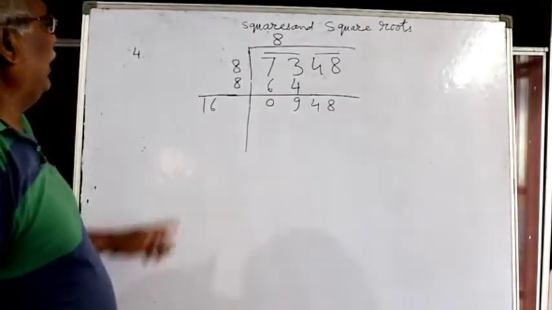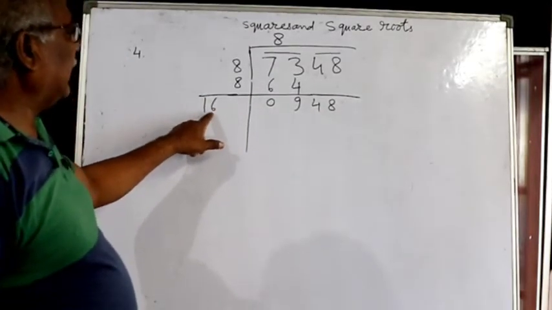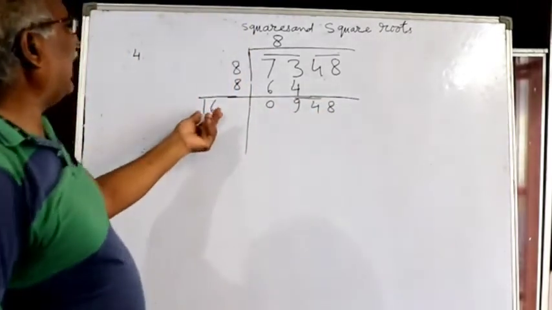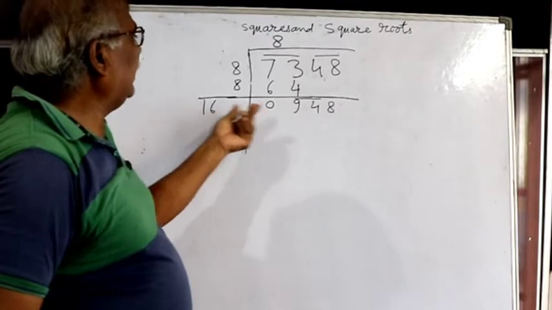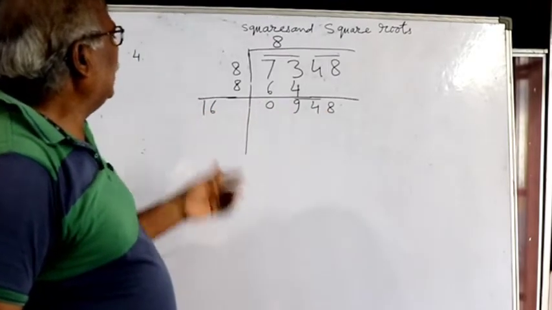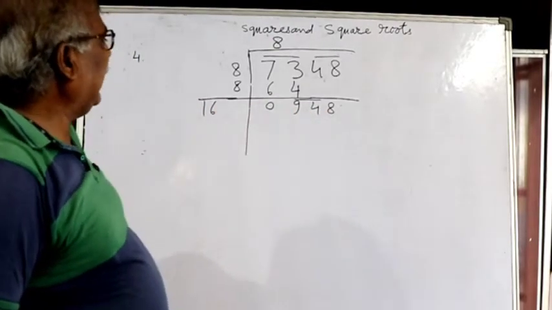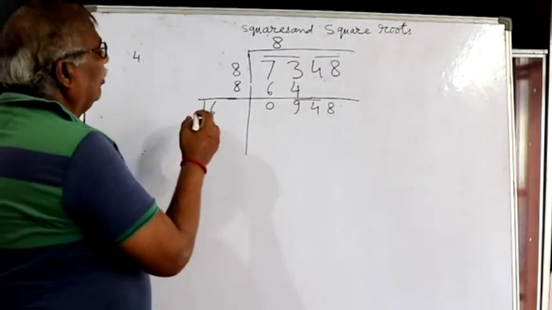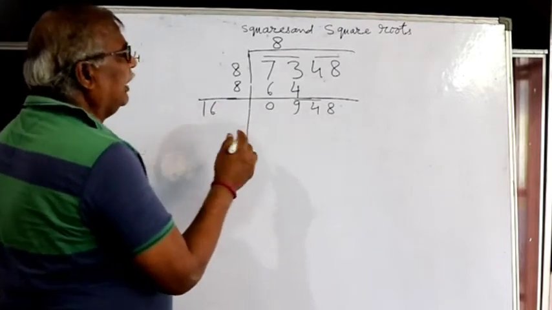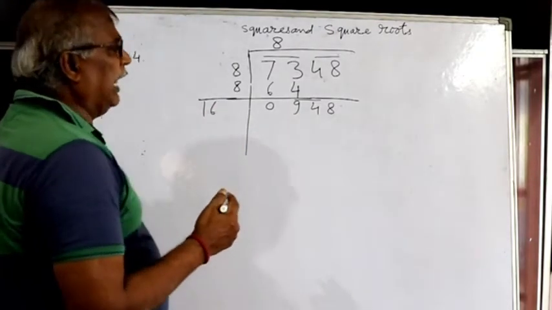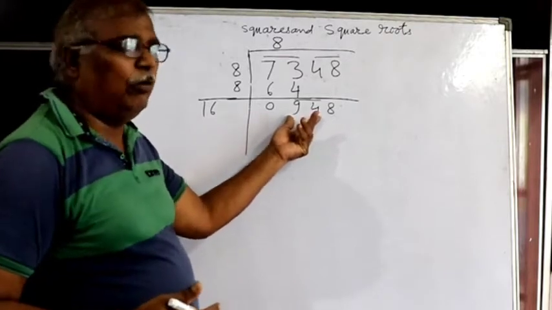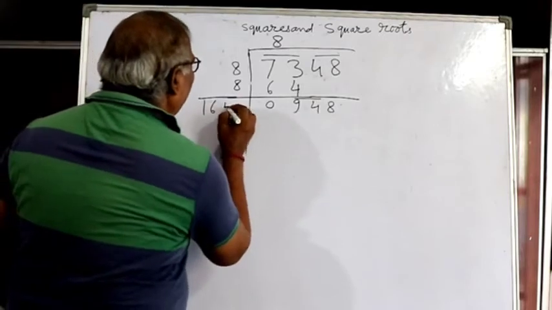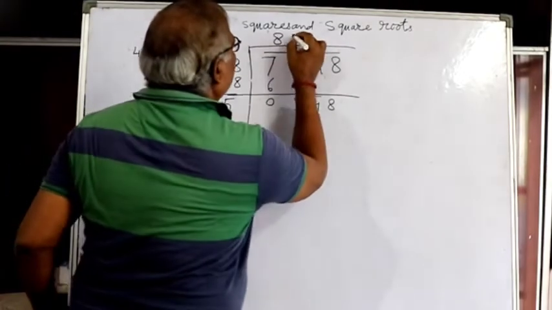Now we read table of 16 into 94. How many times goes 16 into 94? 16 5s are 80 and 16 6s are 96. If it goes 6 times, then we get 96, and 96 is greater than 94, so we cannot take 6 times. So we will write down here 5 times.